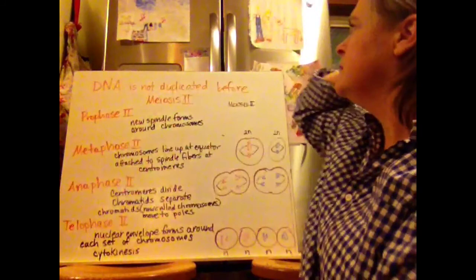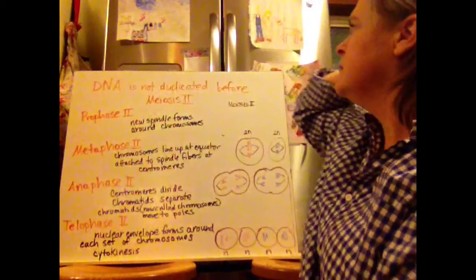Before meiosis 2, the DNA is not duplicated. So a new spindle forms around the chromosomes that are from the end of meiosis 1. Again, in metaphase, they line up at the equator, and here they're still at the 2N phase. Anaphase 2, the centromeres divide, and the chromatids are separating.